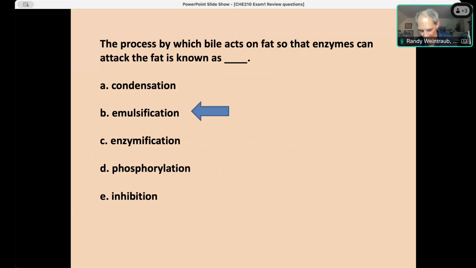And in chapter 6, you learn a bit about lipids, that food lipids at least are mainly triglycerides, which is a backbone of glycerol with 3 fatty acids.